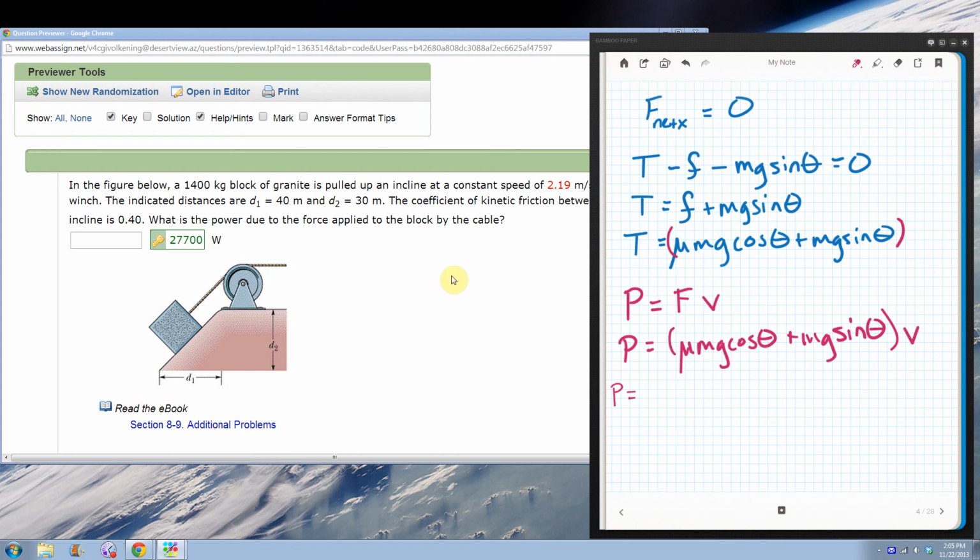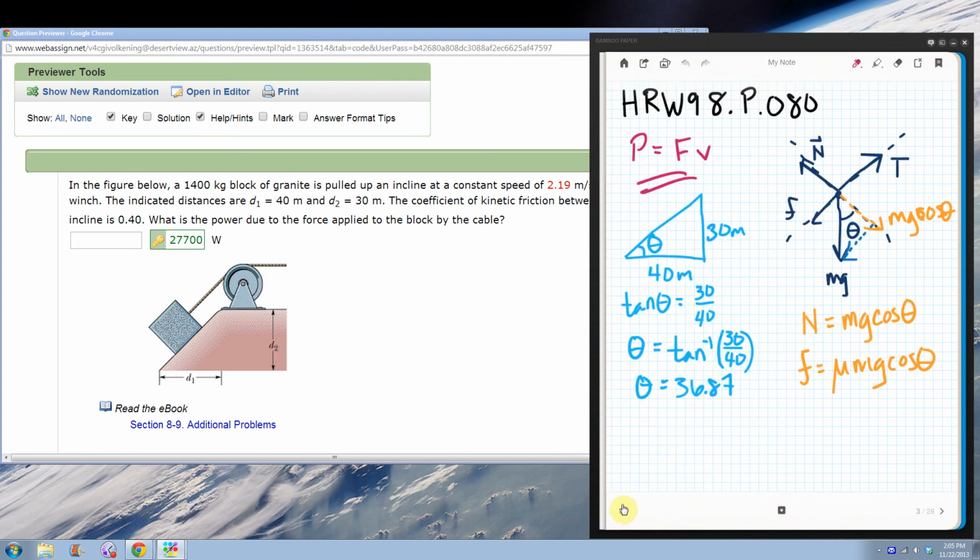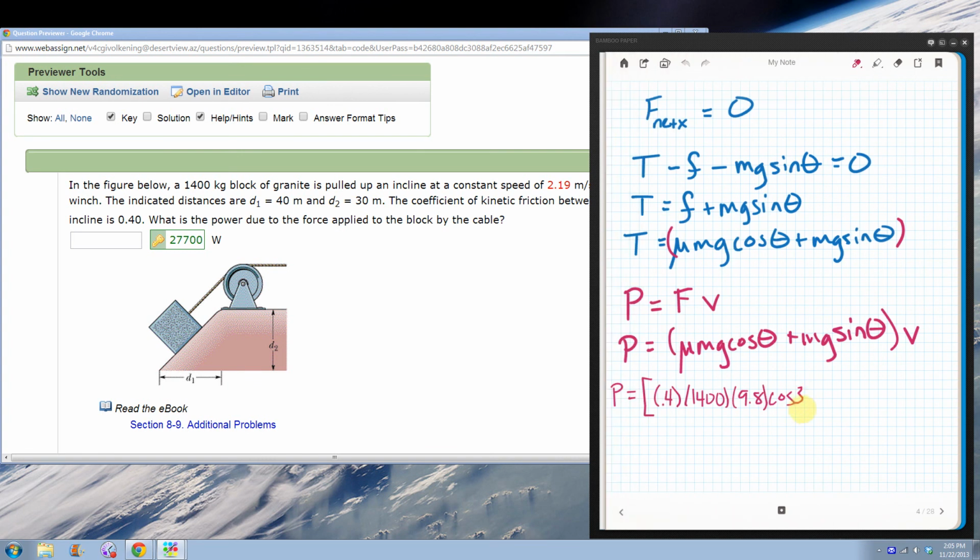Mu is 0.4, m is 1400 kilograms, g is 9.8 meters per second squared, cosine of the angle we found before, 36.87, plus m g sine theta, and then all times v, times 2.19 meters per second.